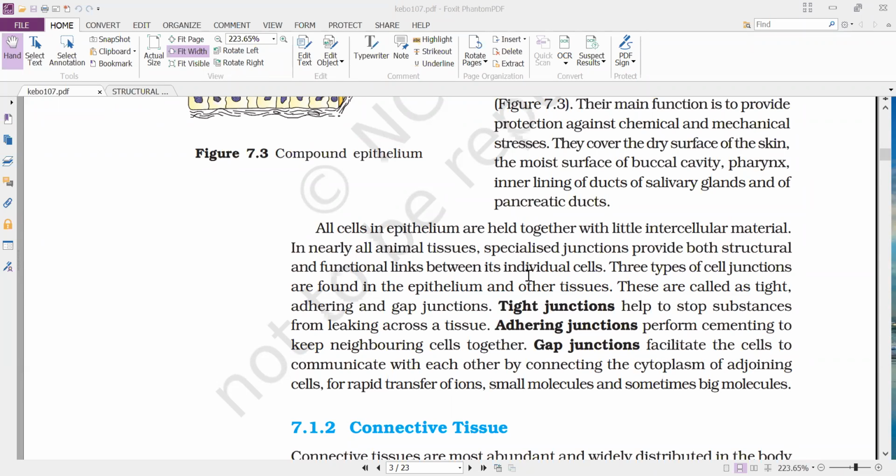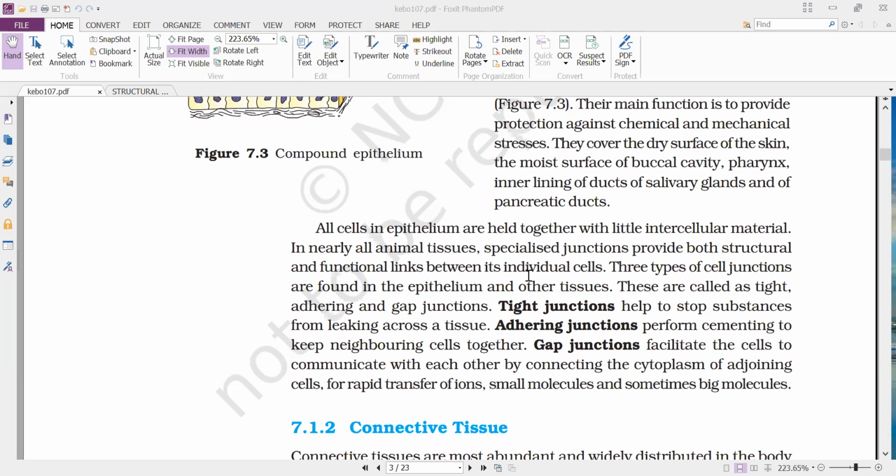We find mainly three types of cell junctions in the epithelium and other tissues. Whether you take connective tissue, muscular tissue or neural tissue, there must be some junctions which bring coordination and connections between the adjacent cells.